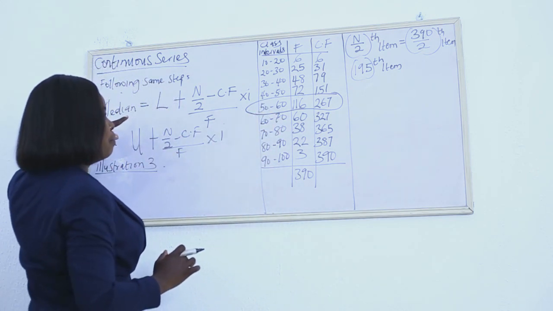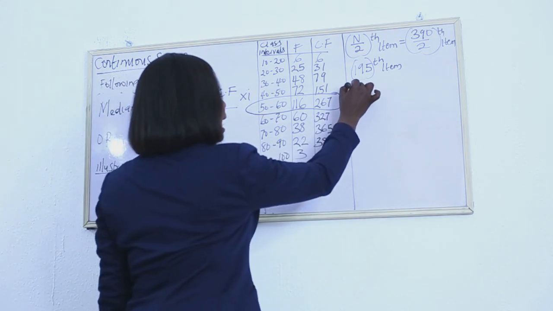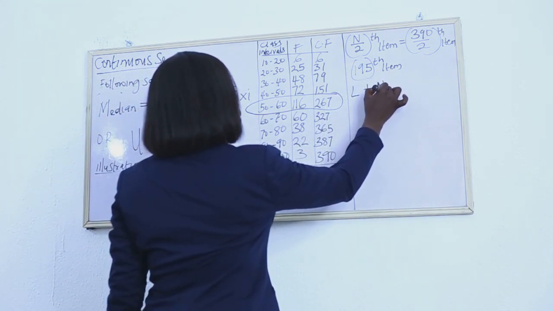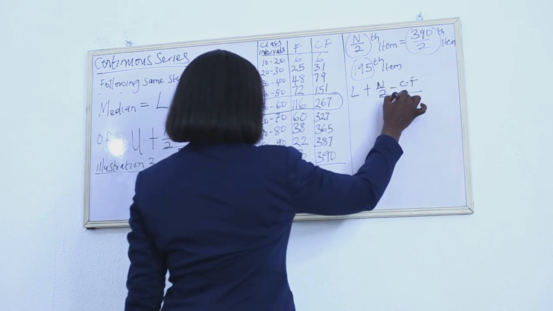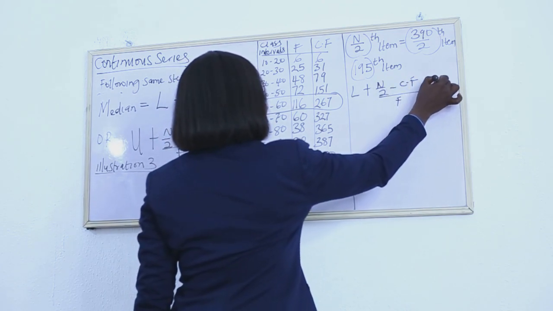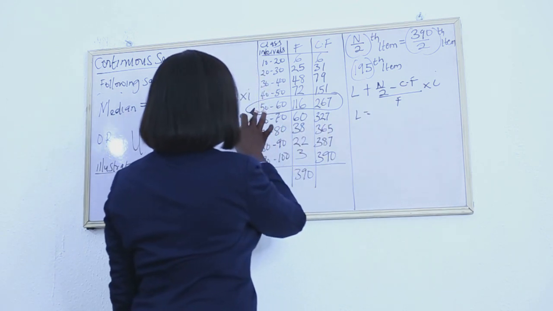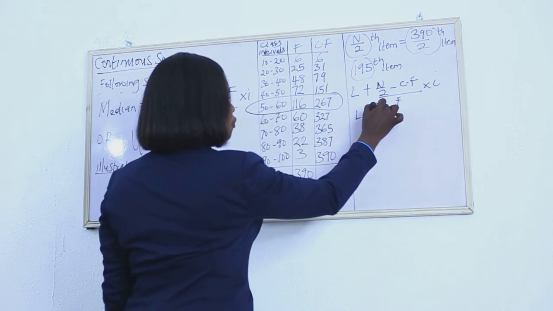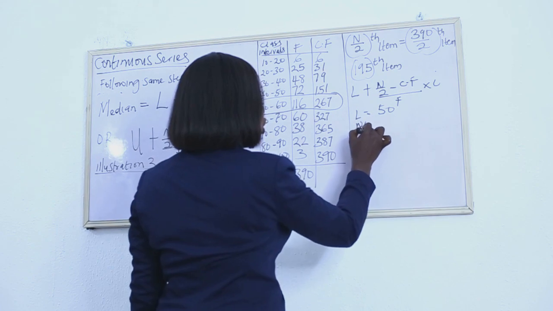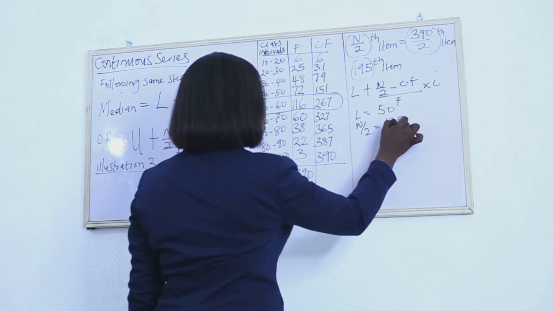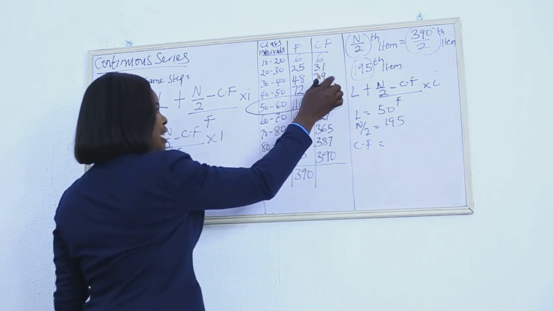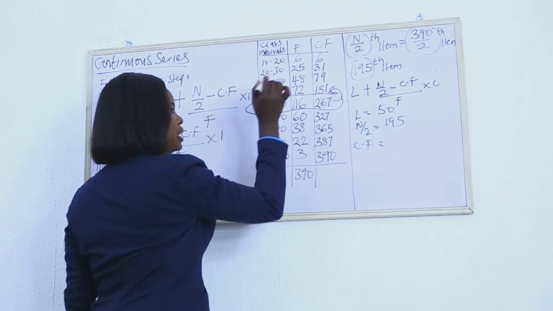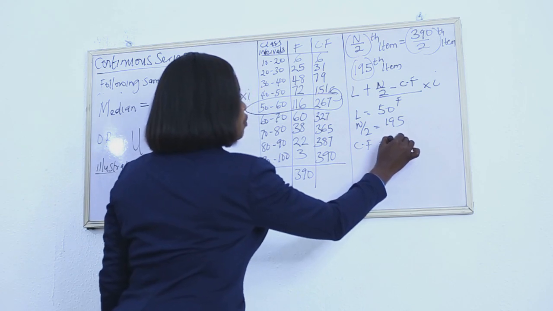So bringing back the formula: L plus n all over 2 minus cumulative frequency, all over frequency, times class interval. What is L? The lower class limit for this class is 50. n all over 2 is 195. The cumulative frequency of the preceding class is 151.